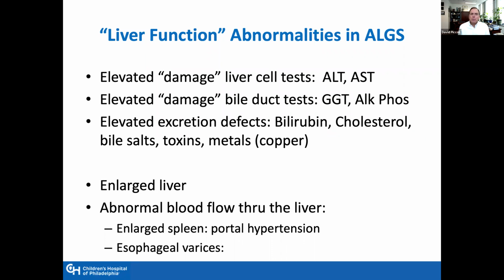And then there are measurements of elevated excretion defects. And those are things that we measure like bilirubin, cholesterol, bile salts, certain toxins, and metals such as copper. We also look at an enlarged liver, but it's not of the same importance as it is in some other diseases. And we're always concerned about abnormal blood flow through the liver, enlarged spleen, portal hypertension, varices, and so on.